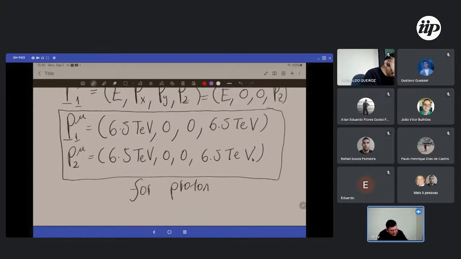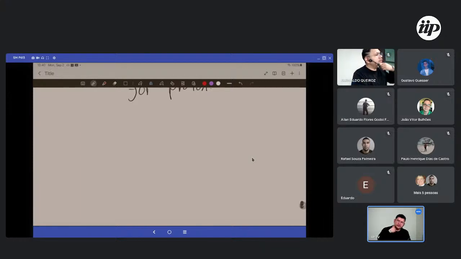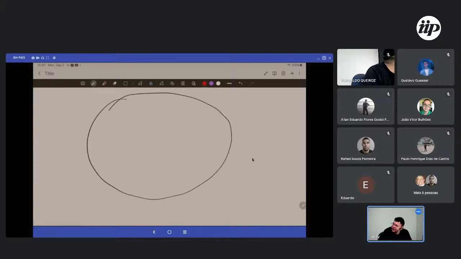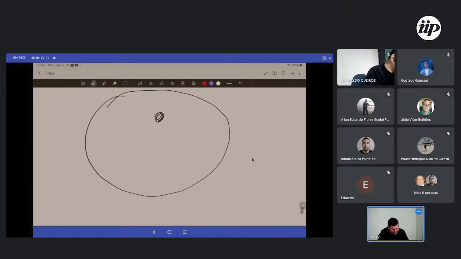But here occurs a curiosity. For me, the proton is one of the most complex things that we can find in nature, because imagine a proton. A proton is a particle that is composed of 3 quarks, right?